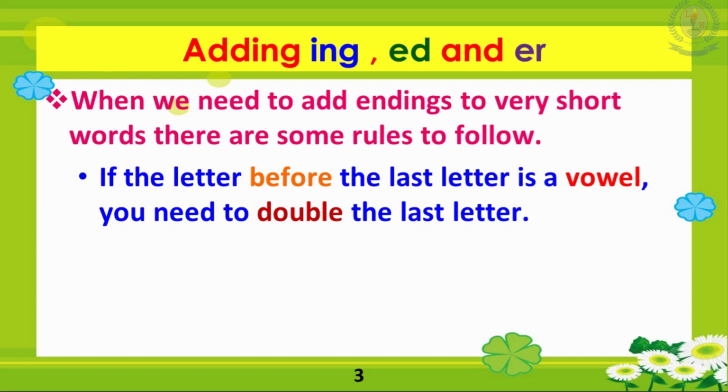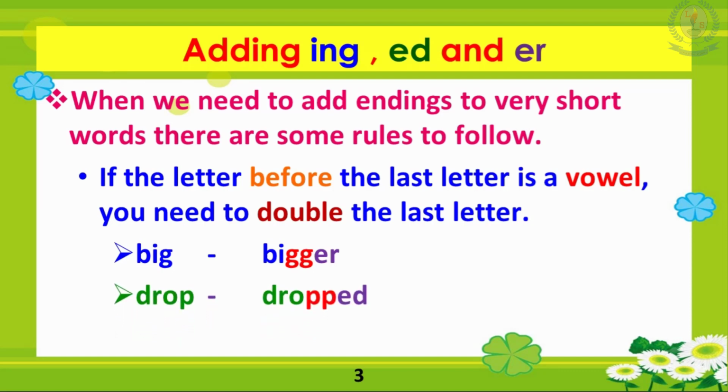Okay, then let's go through some examples. Big. Can you see there's a vowel before G? So we have to double G and add er. Big, bigger. Next one, drop. Can you see there's a vowel before P? Then we have to double P and add ed. Dropped.